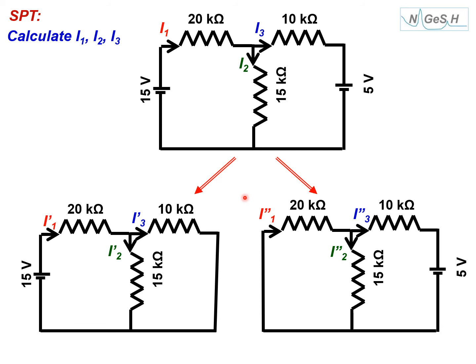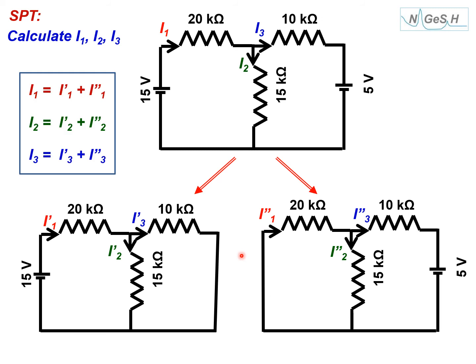So now if you want I1 here, this is the sum of I1 prime and I1 double prime. Since now these two are in the same direction, their magnitudes will get added. Here also I took the same direction. Here actually if you see the real direction is like this, but I took it so that here I can write plus. But actually the I3 will be a negative value.